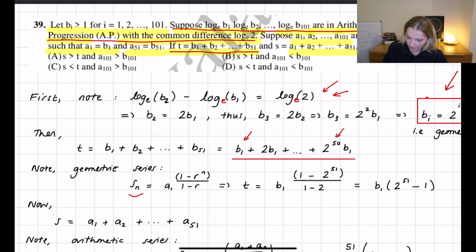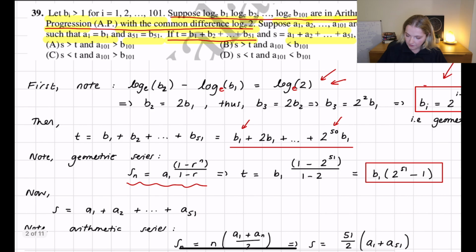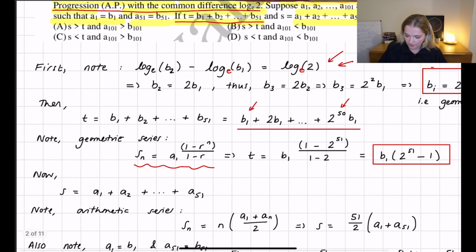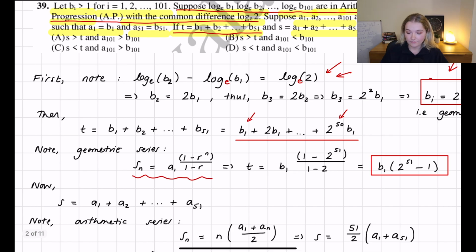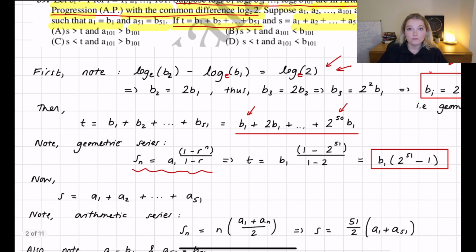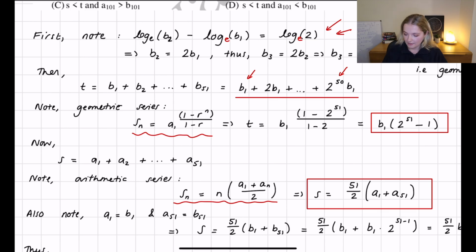And using the equation for geometric series, you can rewrite t as this quantity here, which is great, it's simplified. And you can do something similar for s as well. Now, s is a series in a rather than b, but we notice that this itself is an arithmetic series. So we can use the formula for that, which is this here, and we can arrive at this value for s. So we found the values for s and t in a very nice simplified form.